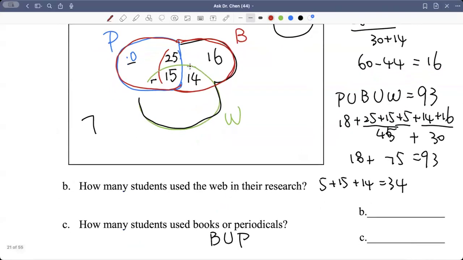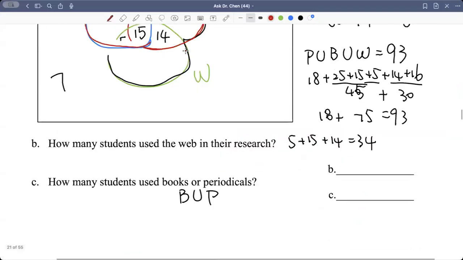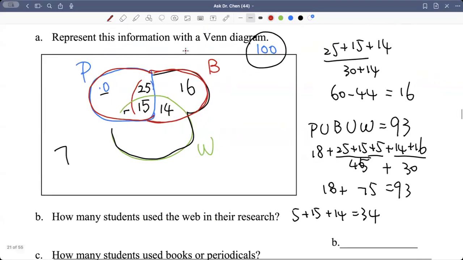Add up all those numbers in here. That would be C, that would be B union P. So students who read books or use periodicals. All right, that's for this question.